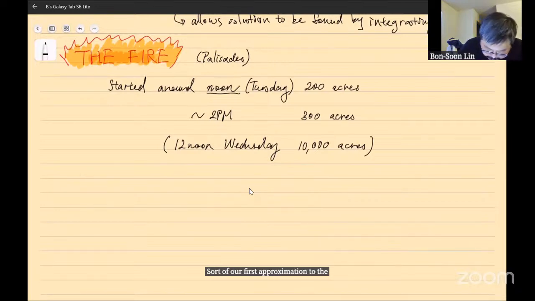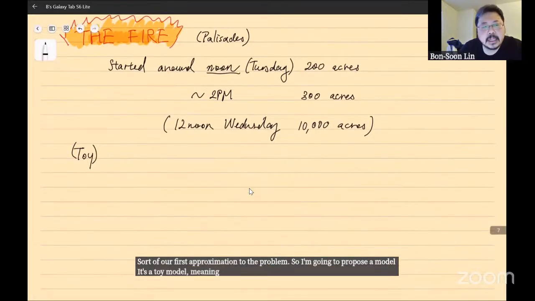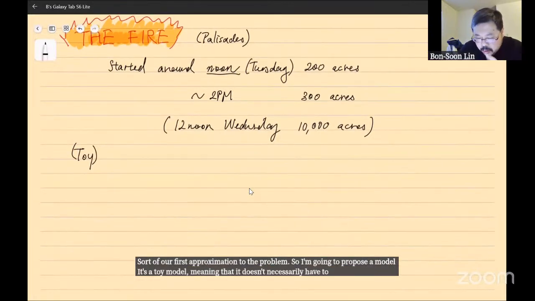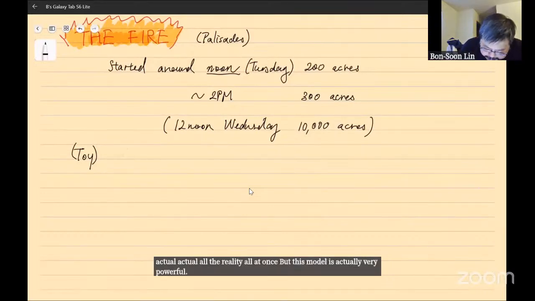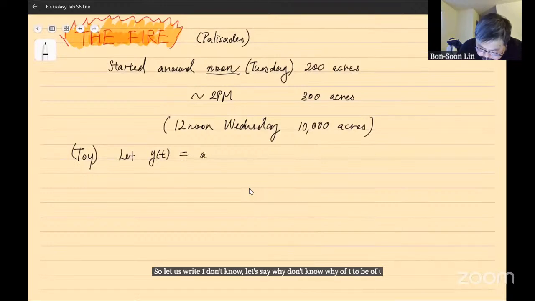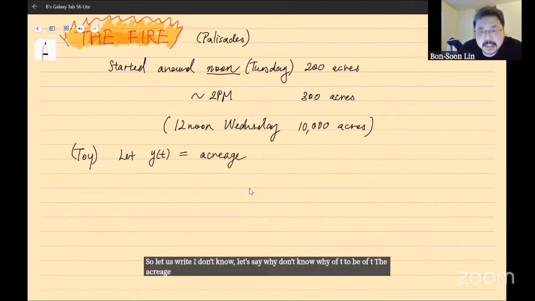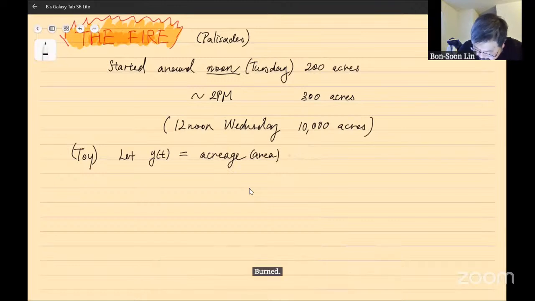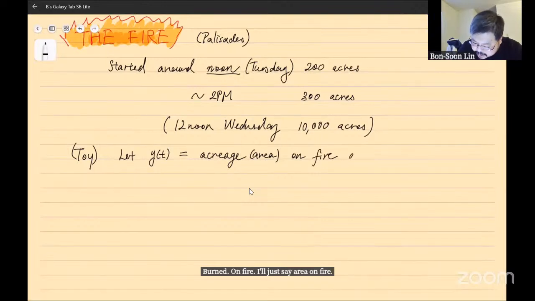So I'm going to propose a model. It's a toy model, meaning that it doesn't necessarily have to represent all of reality all at once. But this model is actually very powerful. So let us write y of t to be the acreage, basically area on fire, as a function of time.